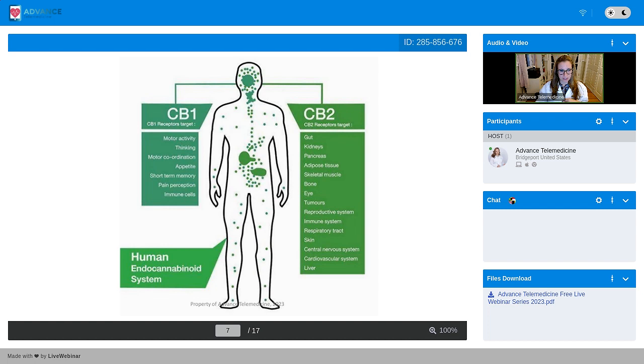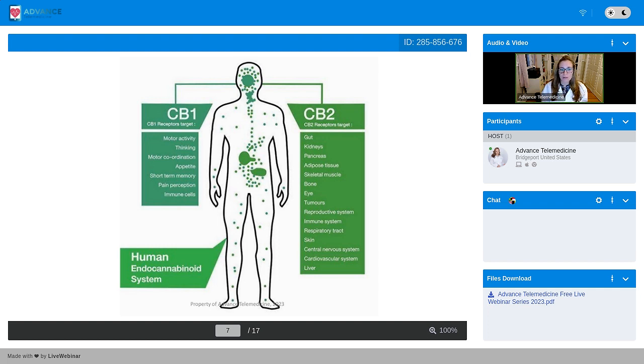So in this picture, you can see all the different cell receptors that use CBD, and they're located all over the body, from the deepest parts of the brain to the deepest parts of the gut to the surface of the skin. This means that CBD can be consumed in a variety of ways.